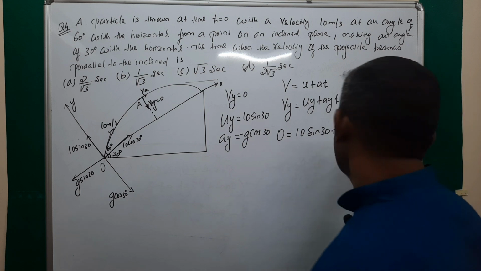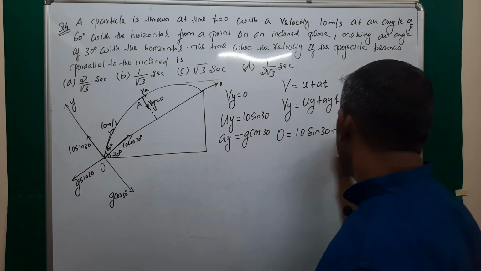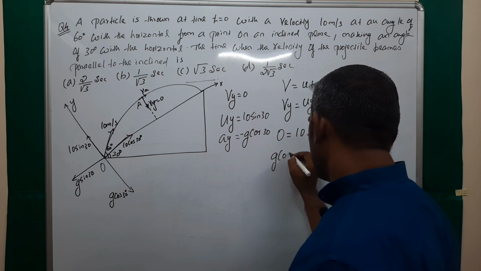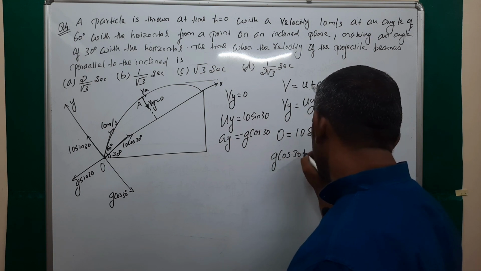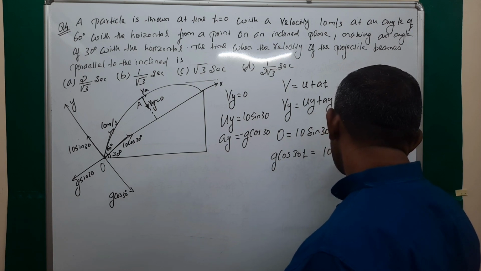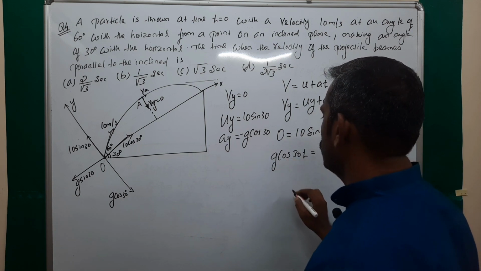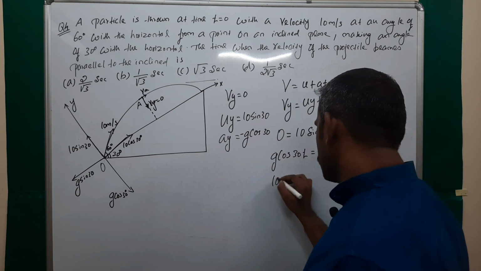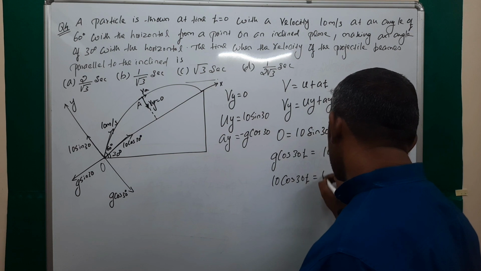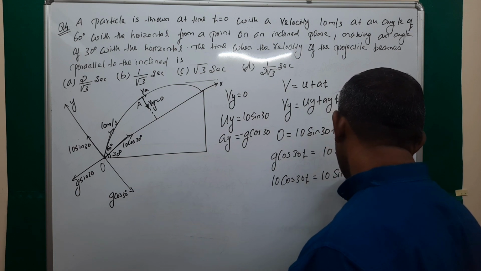Bringing the negative term to this side, g cos 30 into t is equal to 10 sin 30. The value of g is also 10, so 10 cos 30 into t is equal to 10 sin 30.